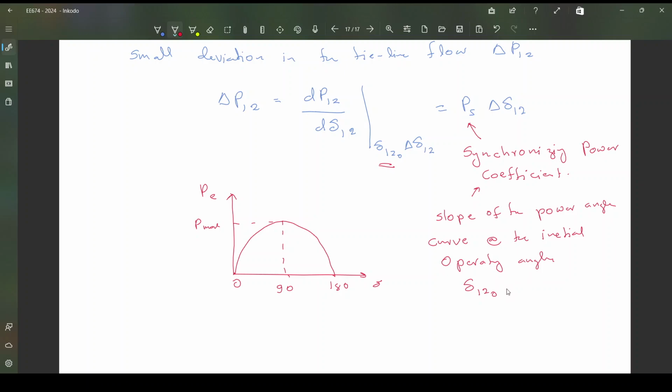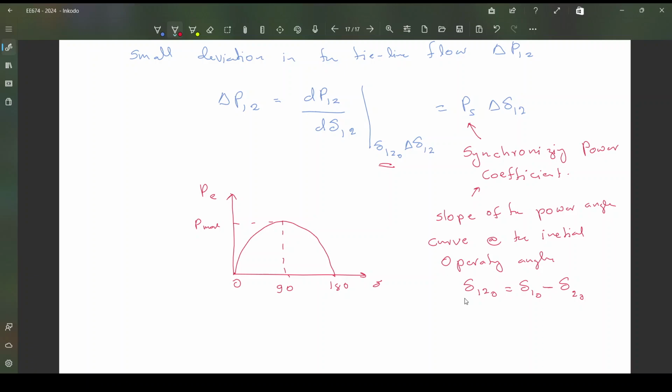So at this point, generator 1 is running at delta 1 0 angle and generator 2 is running at delta 2 0 angle.